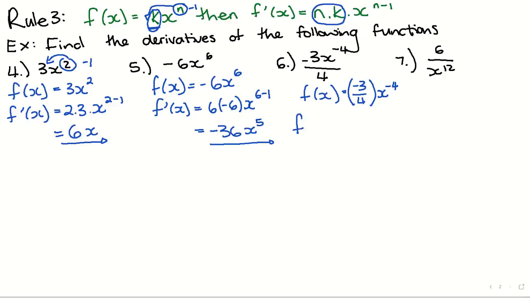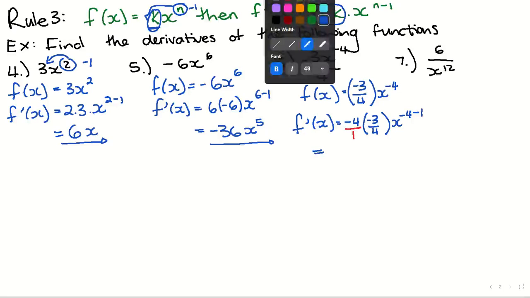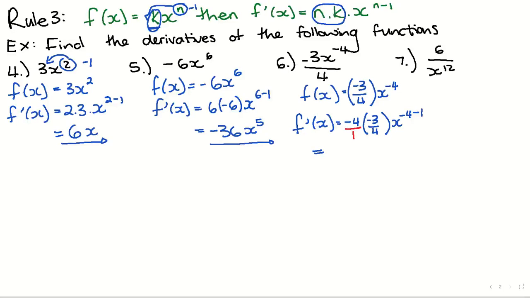So if we had to write this out, the derivative of x is equal to minus 4 times minus 3 over 4, x to the minus 4 minus 1. Remember, we're going to take away 1 from it. So to simplify this, I just want you to remember that minus 4 is the same as having minus 4 over 1. And when we get fractions, we always go tops times tops, bottoms times bottoms.